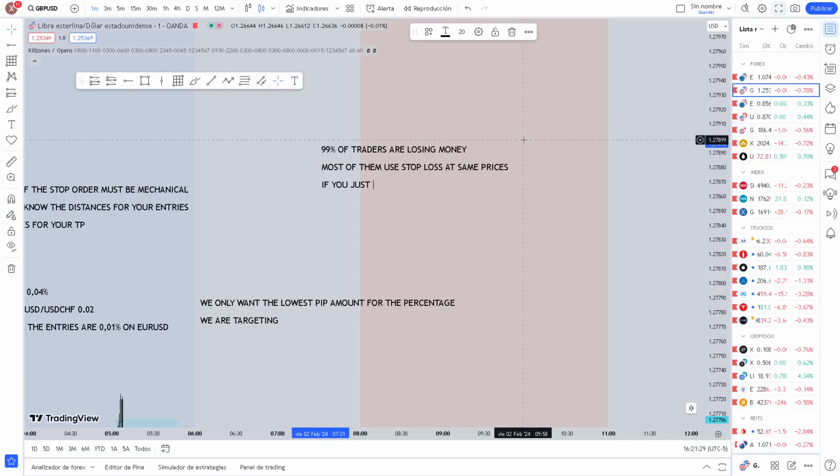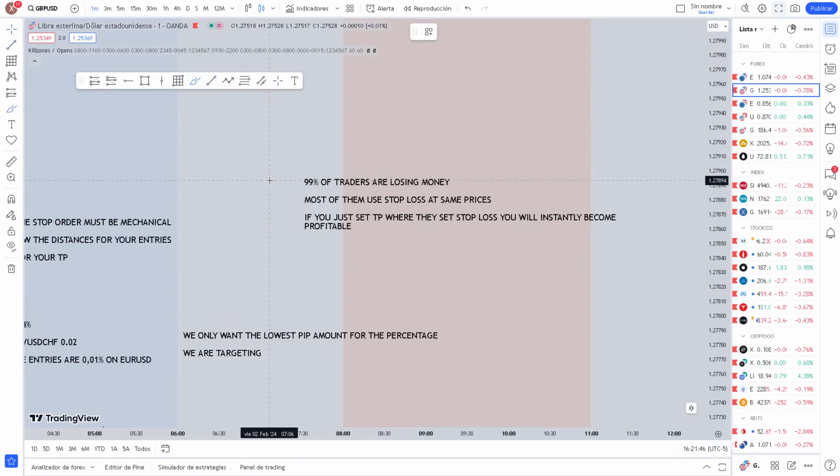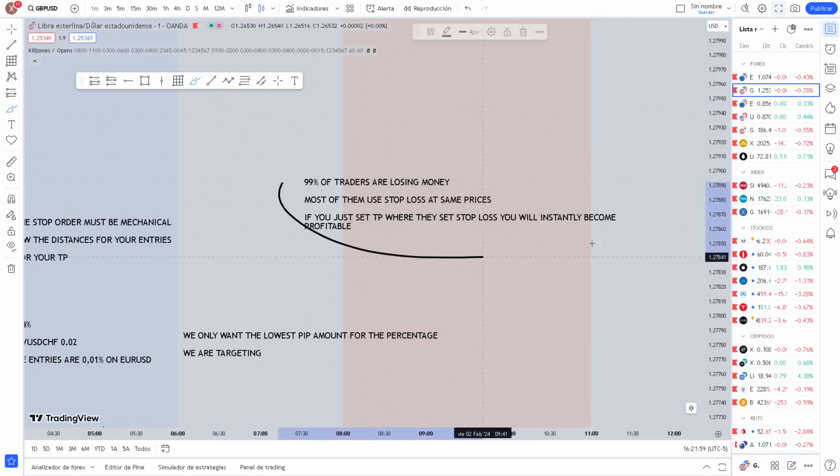If you just set TP where they set stop loss, you will instantly become profitable. This is pure math. If 99% of people are losing 5% a month, and you're just copy trading them but in reverse, you do the opposite. If they buy, you sell, and where they place their stop loss, you place your TP, and where they place their TP, you place your stop loss. Eventually, you will be profitable.